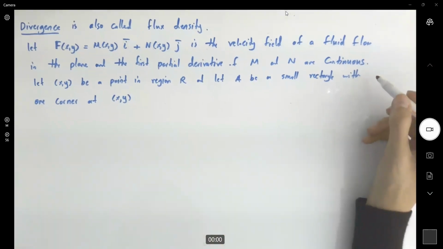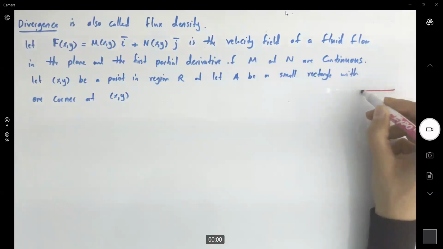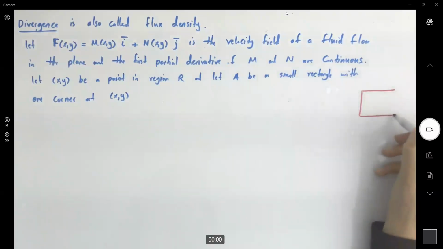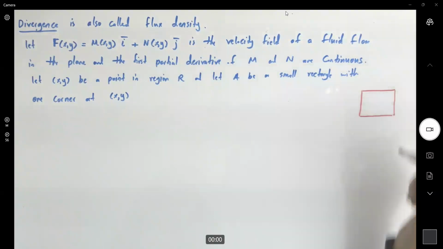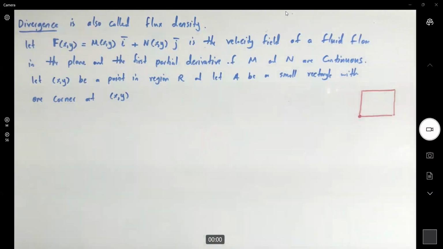Let's move this a little bit here so we can crack this. This is our point, x and y.